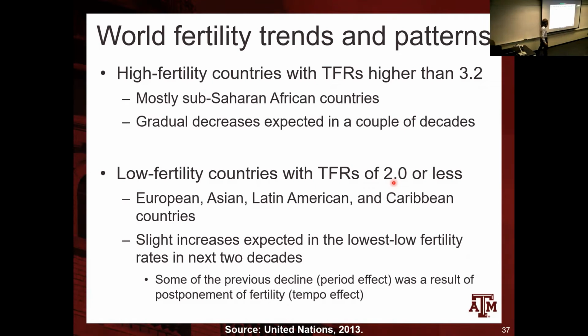And he proposes some formulas to analyze whether women are actually having fewer children, or they are just postponing the age at which they have children, right? So there are more advanced formulas to try to capture that. But some of the previous decline that we saw with period effect might be the result of postponing fertility, a temporary decline in fertility that will come back, which is related to this tempo effect.